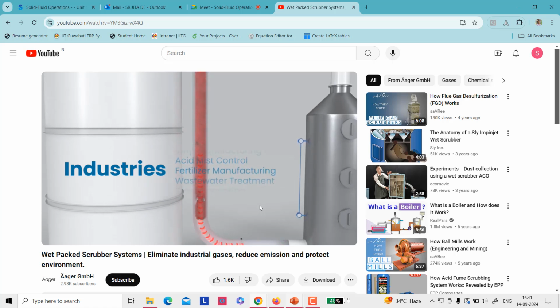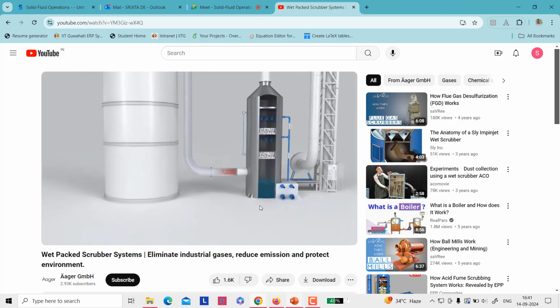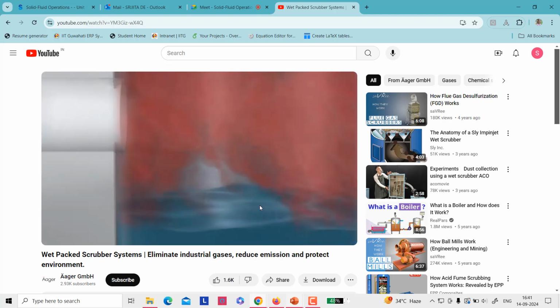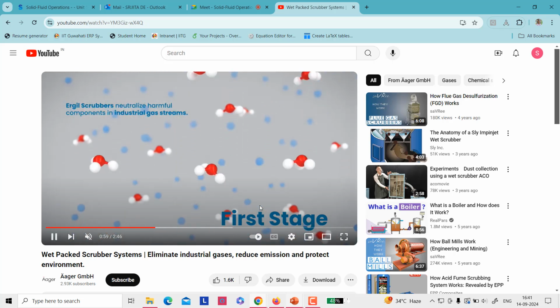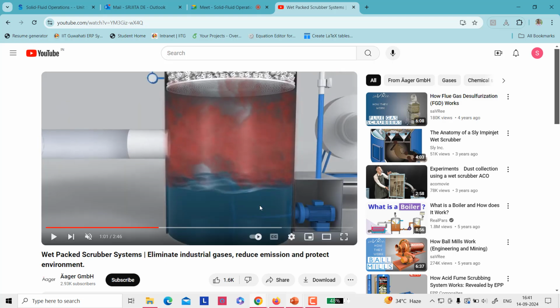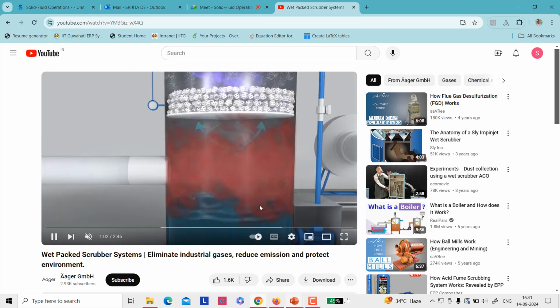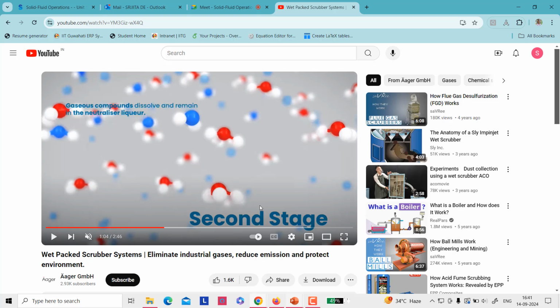Everything is coming from this pipe, from electronics, food, and pharmaceuticals, and before being released directly into the environment, they first go through the wet scrubber chamber where they are first mixed with water. Their harmful components will be released, neutralizing the harmful components in industrial gas streams. So this is the first step. Along with the water molecules, these gas molecules are also going up. Gaseous compounds dissolve and remain in the neutralizing liquor.